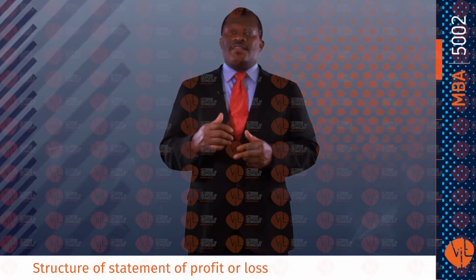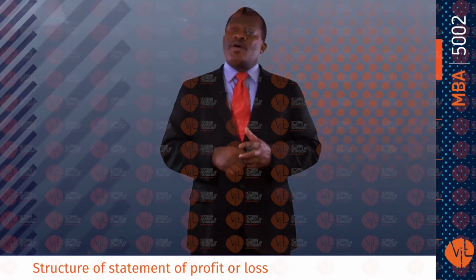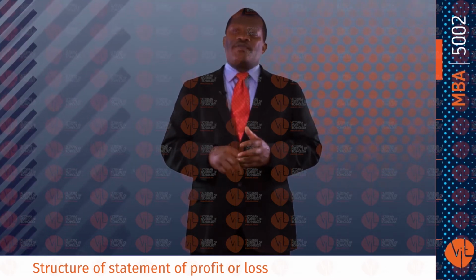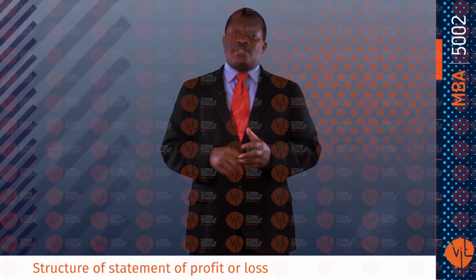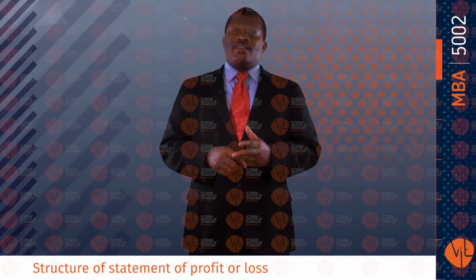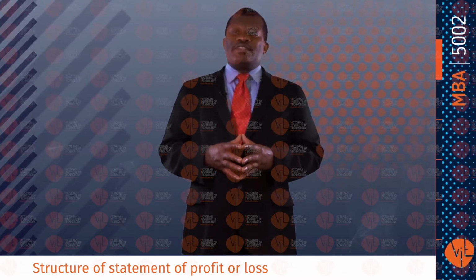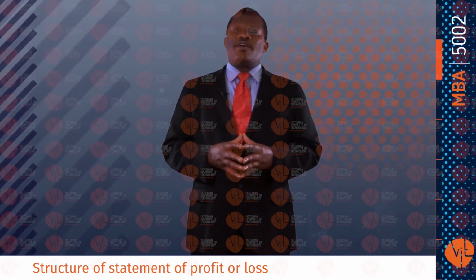Now, after taking interest and taking the tax for the government, you are left with profit. Now, this profit is available to shareholders, in other words, equity providers. However, it is prudent that the whole profit is not given to shareholders in the form of dividend.